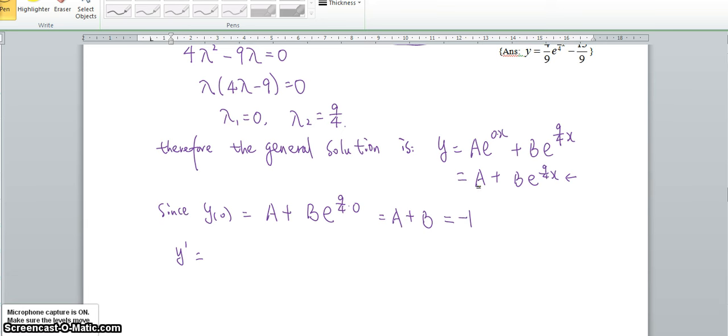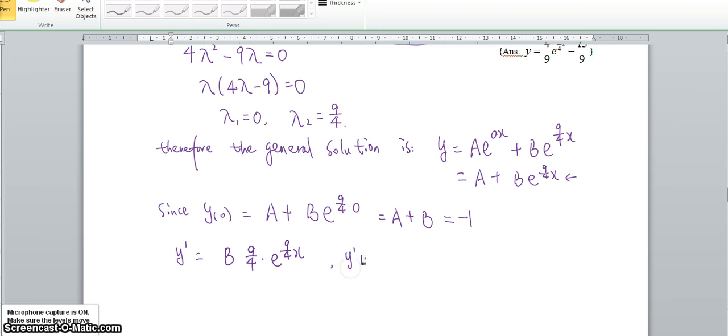So a is a constant. When you take the derivative, it becomes 0. The second term, b is a constant, so b stays. And for this exponential function, when you take the derivative, 9 over 4 comes here, and another e to the power of 9 over 4 x follows.